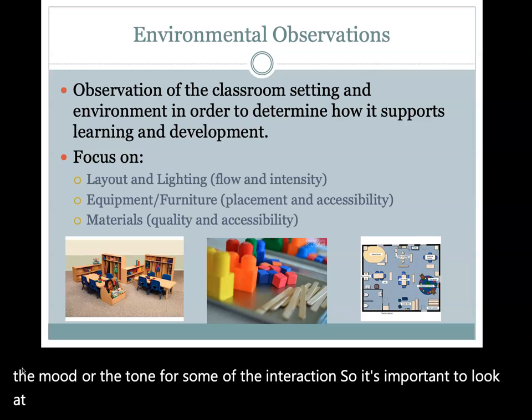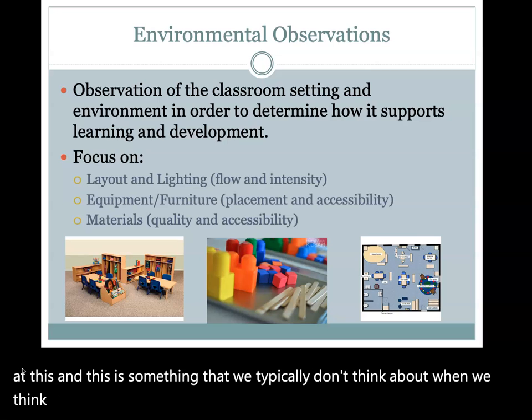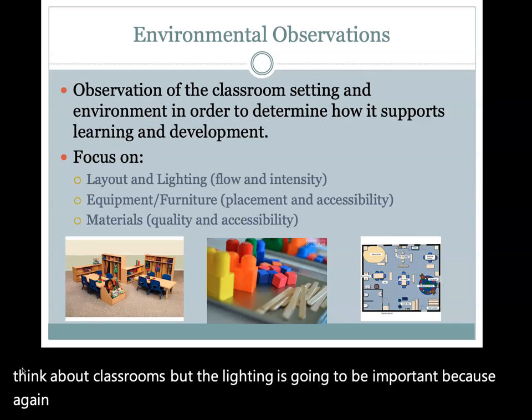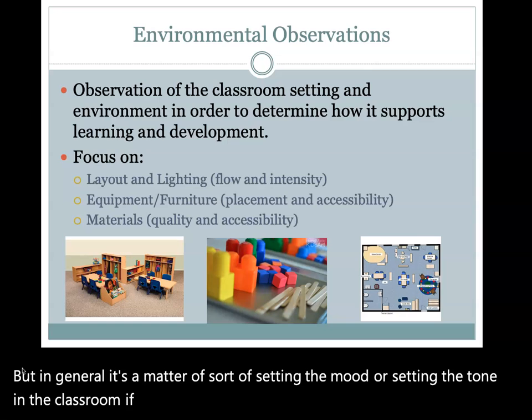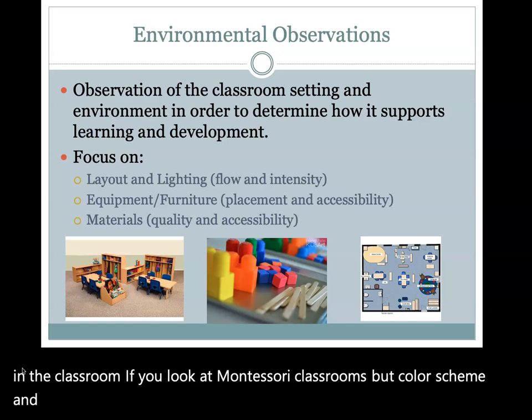And this is something that we typically don't think about when we think about classrooms, but the lighting is going to be important because, again, for some, it's a matter of sensitivity, but in general, it's a matter of setting the mood or setting the tone in the classroom. If you look at Montessori classrooms, the color scheme and the lighting and the colors used in the classroom are going to be very important.